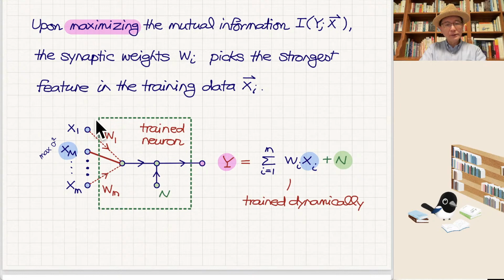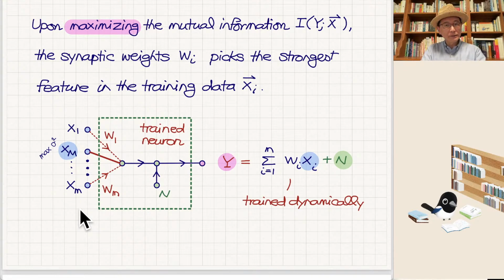And with this input, after some training, you will find that this capital W capital M will survive with the strongest link, while all other synaptic weights will wither away and become zero. So with these trained neurons, it then has the capability to pick up the most important inputs from x1 to xm. So that is the cute part.